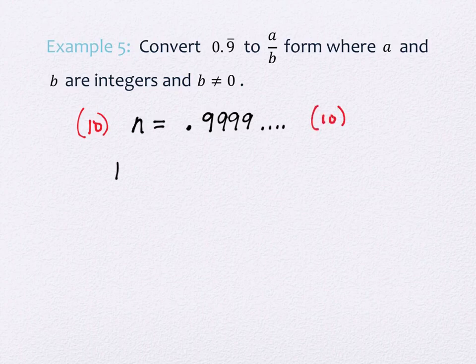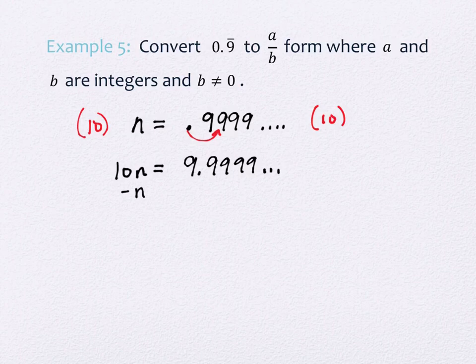All right, so I've got 10n on the left. What will I have on the right? I have 9.9999. Yep, the decimal moves 1 over, so I have 9.9 and a bunch of 9s. Okay, what's my next step? Not yet. Subtract n.